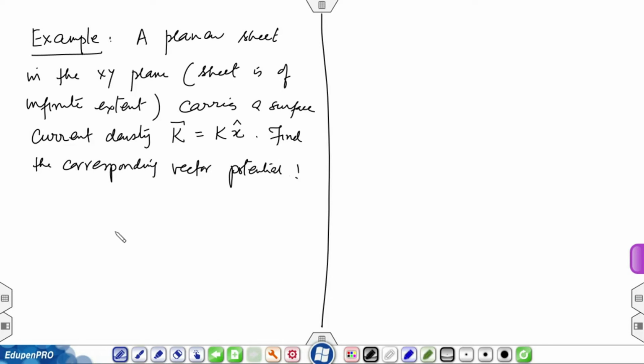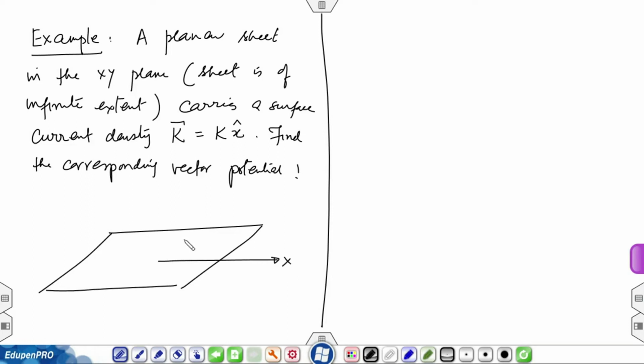So, what you have been given is that here is the sheet in the xy plane, it carries a surface current K equals K x unit vector in the x direction.